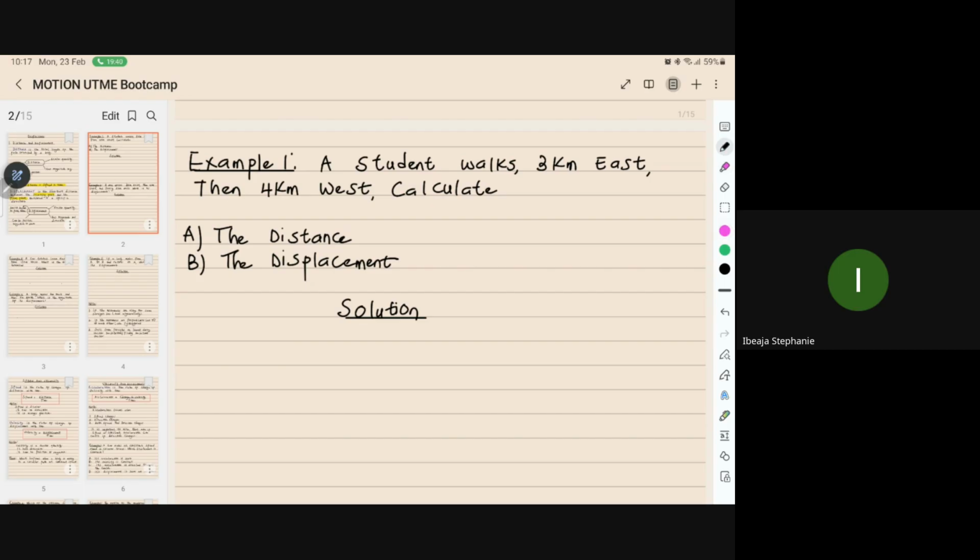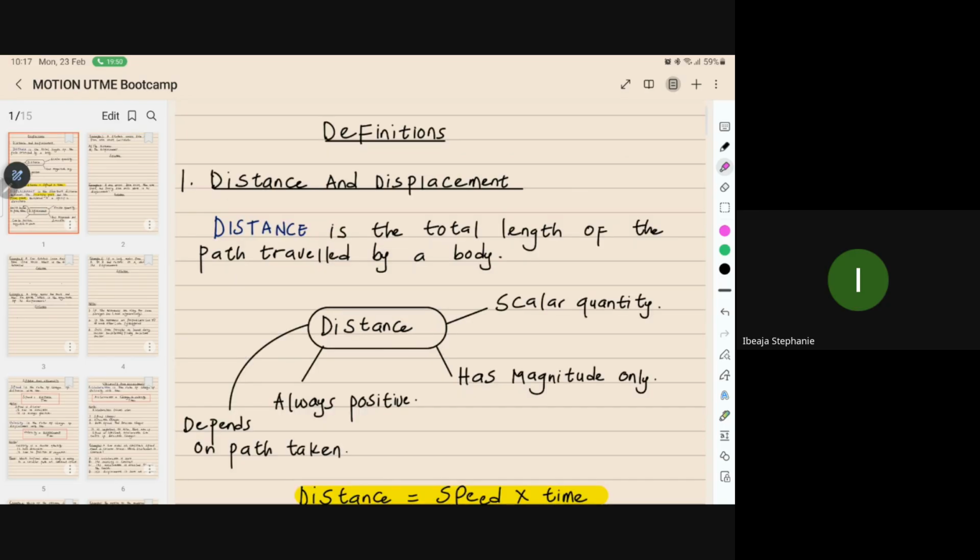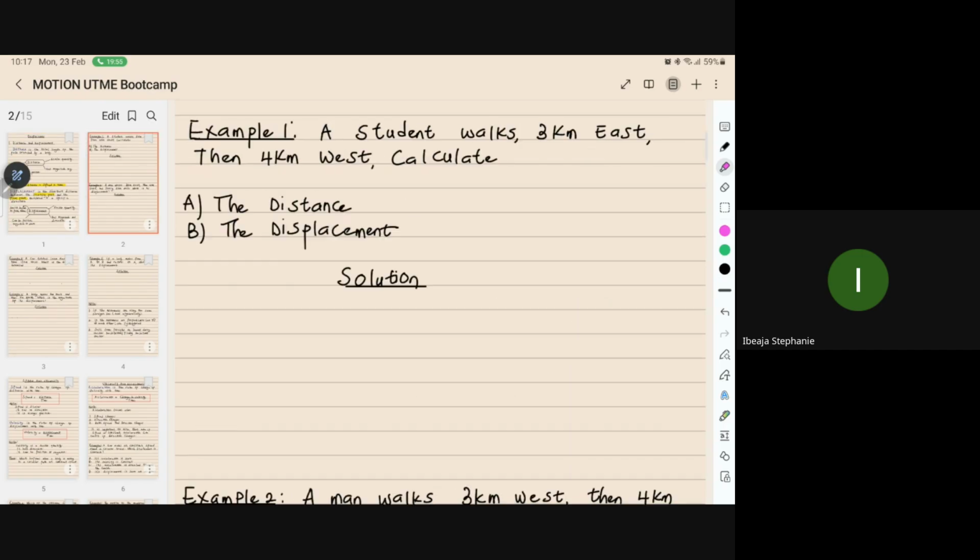Now, if it is distance, remember that distance is simply talking about what? Distance talks about how long, right? Total distance covered. Remember what I said about distance? It's simply the total length traveled. So for us to get the distance, we are looking for the total length.